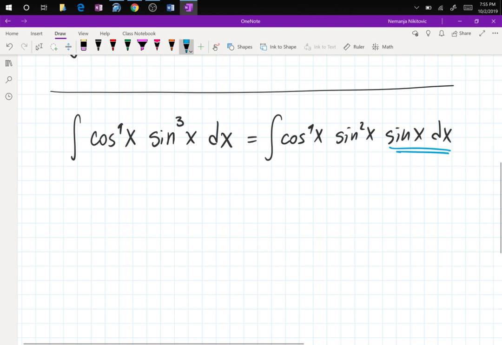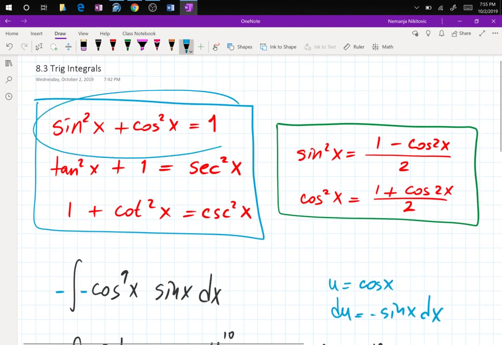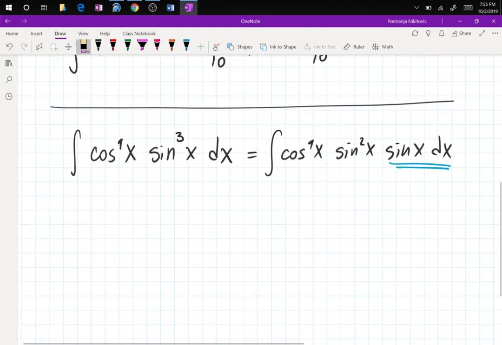So how do we get rid of that sine? Well, you transform those into cosines, because the sine squared is 1 minus cosine squared, so that will get rid of this sine here.